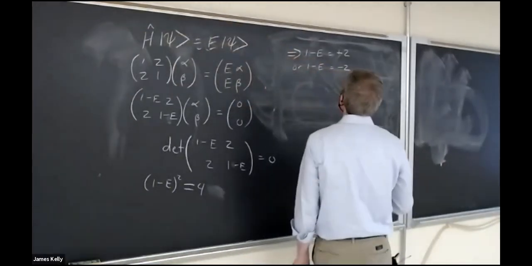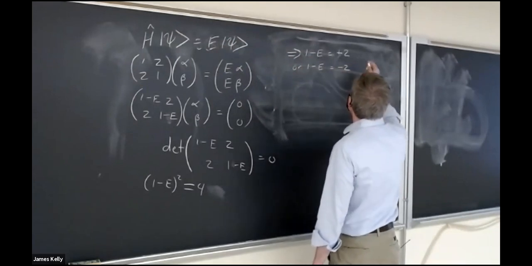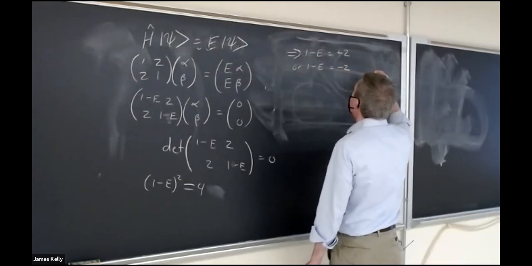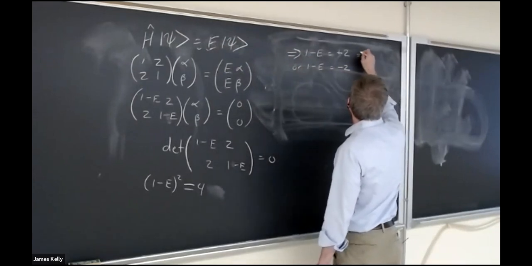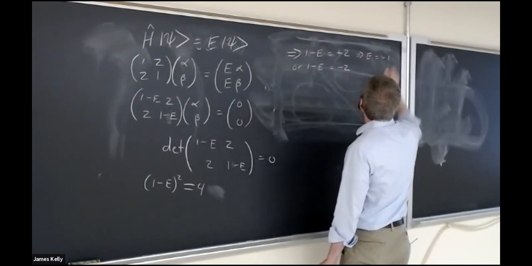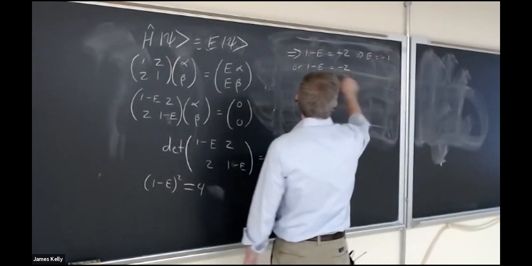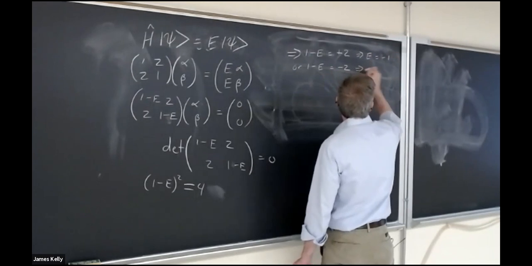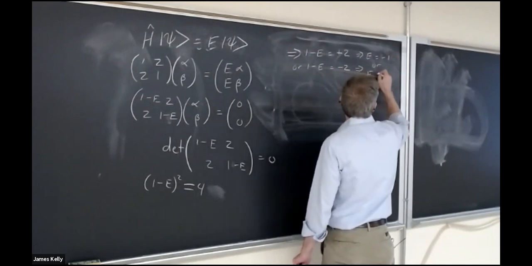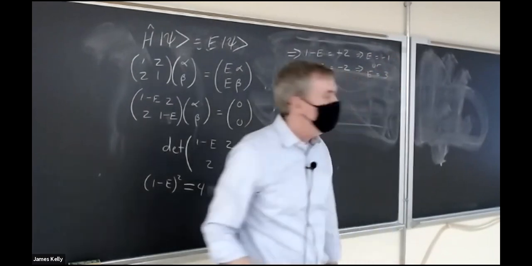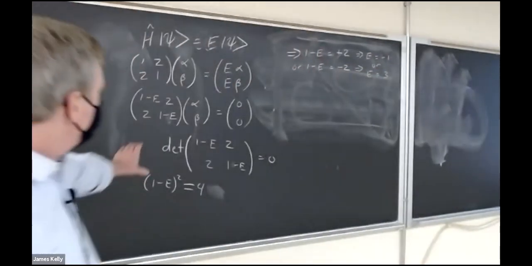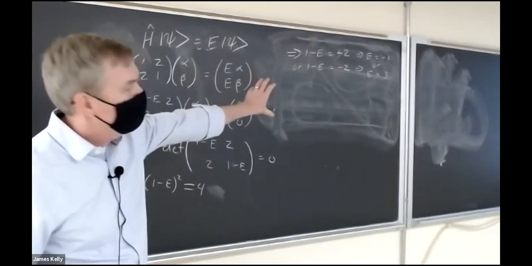So E is equal to minus 1, or in this case, E is equal to 3. Those are our energy eigenvalues. So that's the first step: solve what's called the characteristic equation for the eigenvalues.